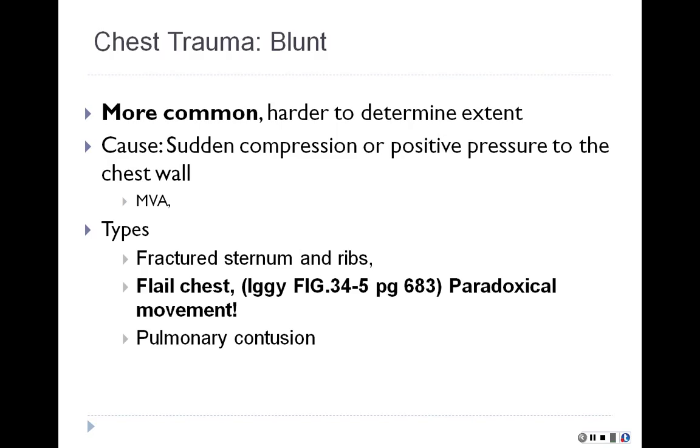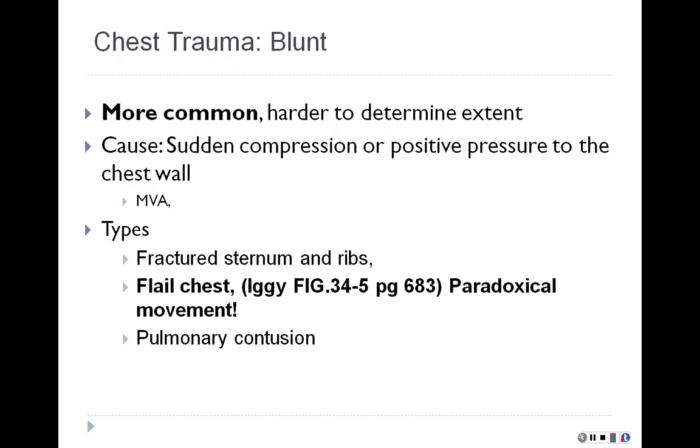Because several ribs are fractured, as air goes in, the chest moves inward with inspiration, and it moves outward with expiration, and actually it can even kind of balloon out where the fractures are.